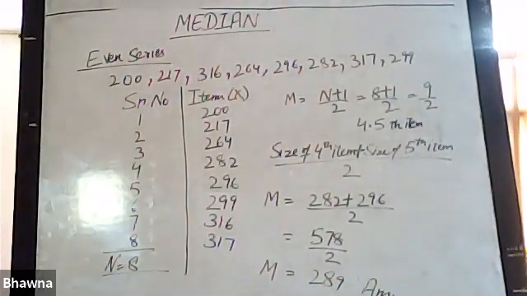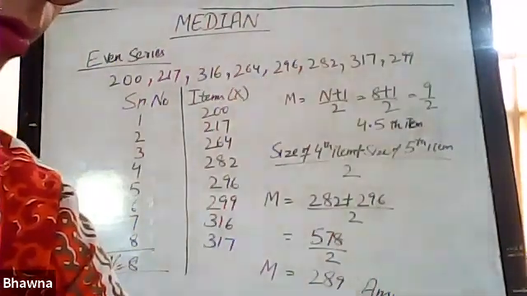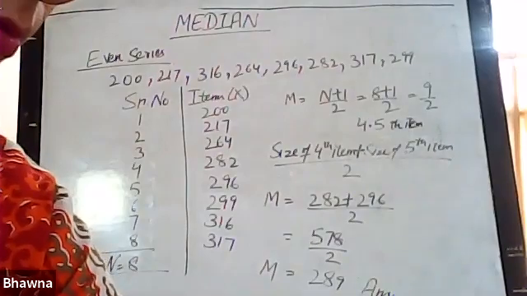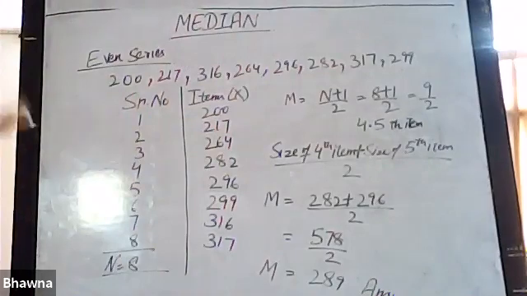After this, we have to calculate another sum with a discrete series. After solving the sum with odd and even series, now we have to solve the sum with a discrete series also.